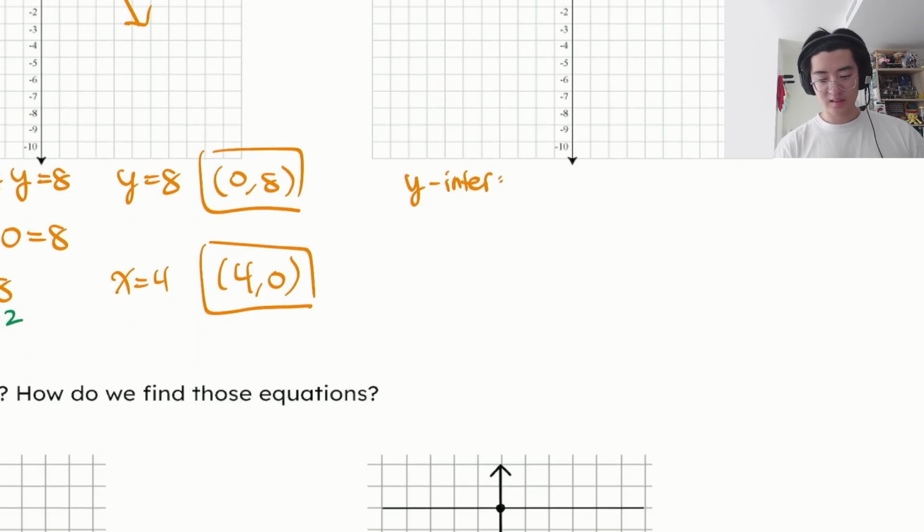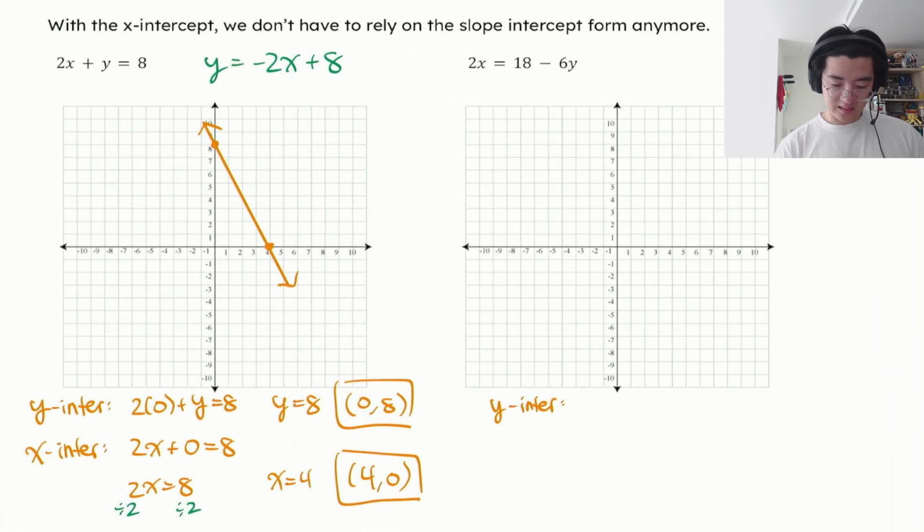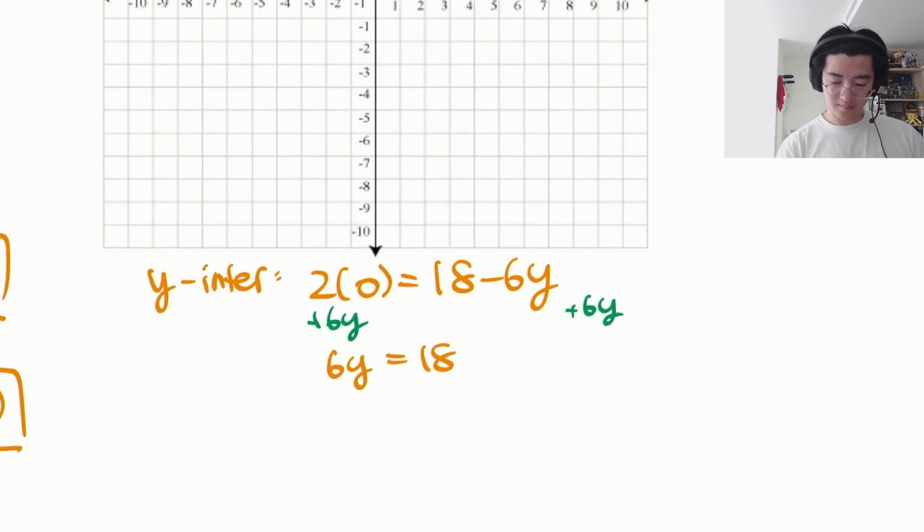Okay, so from here, y-intercept, plug the x in as 0. Right, so it's 0 equals 18 minus 6y. We can rearrange this to get 6y equals 18. Y equals 3.